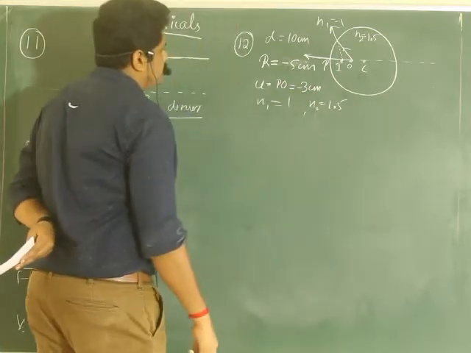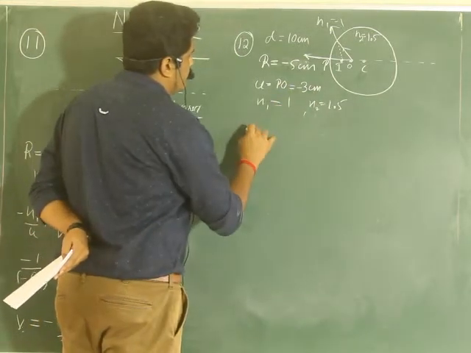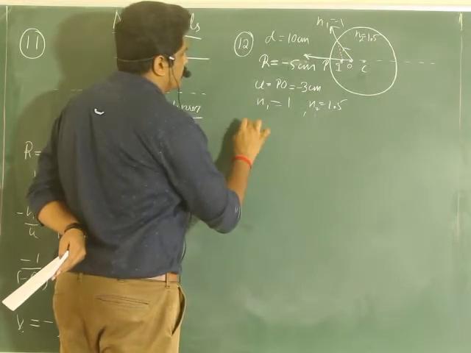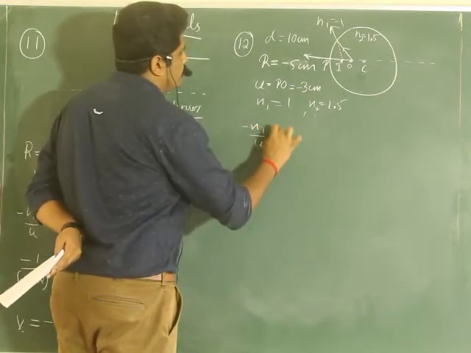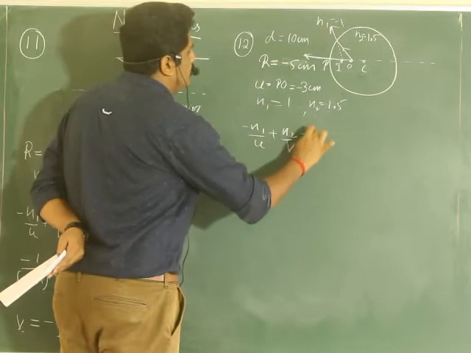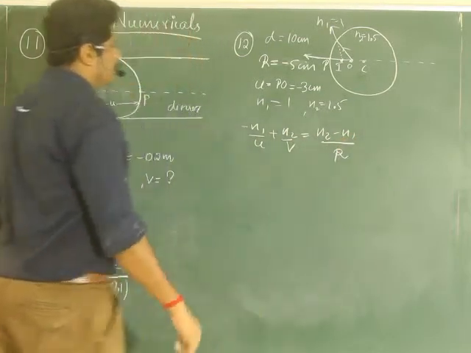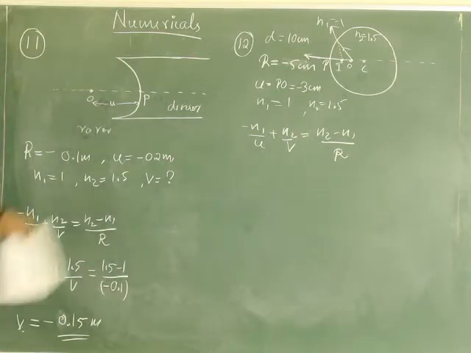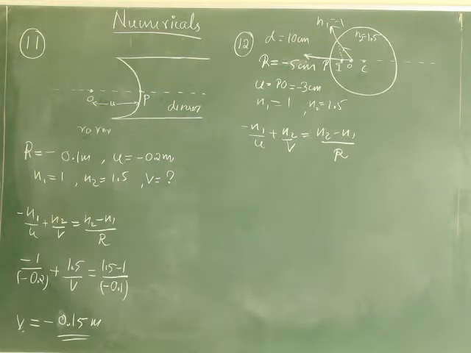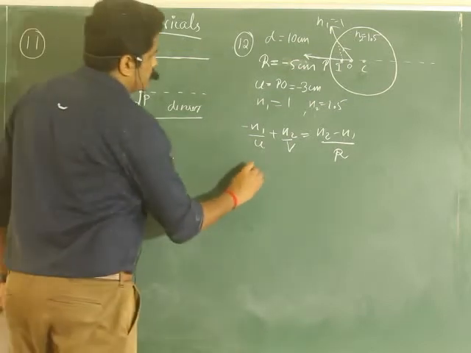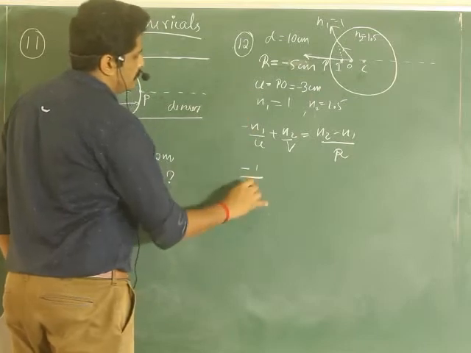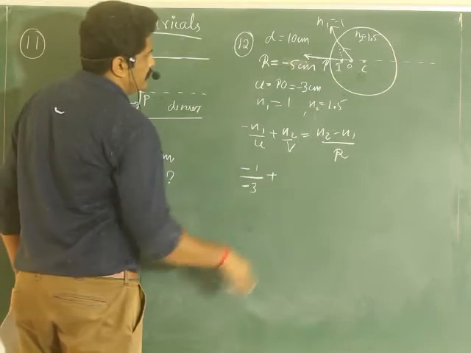Next, we have the formula. What is the formula for a spherical refracting surface? Minus N1 by U plus N2 by V equals N2 minus N1 by R. Correct? Once you start substituting the values, minus 1 divided by minus 3, just substituting directly in centimeter itself.